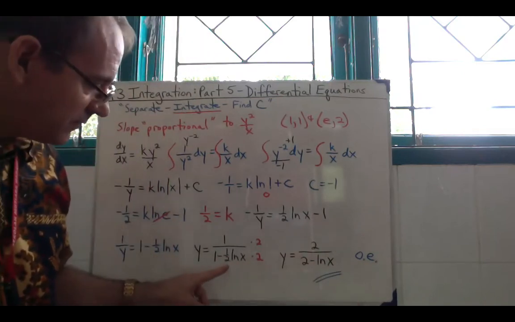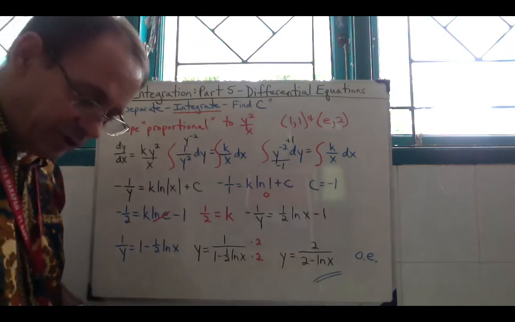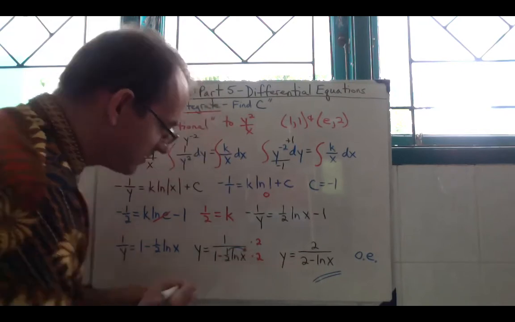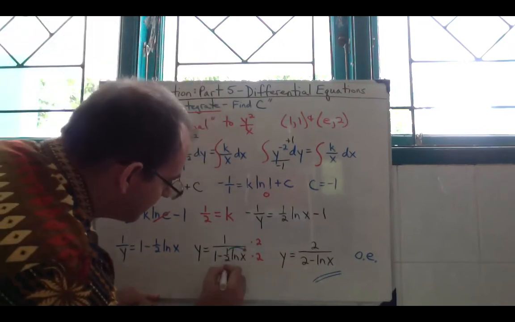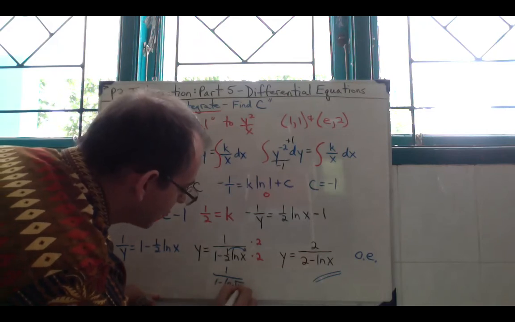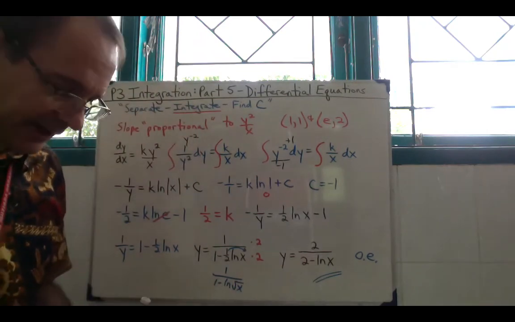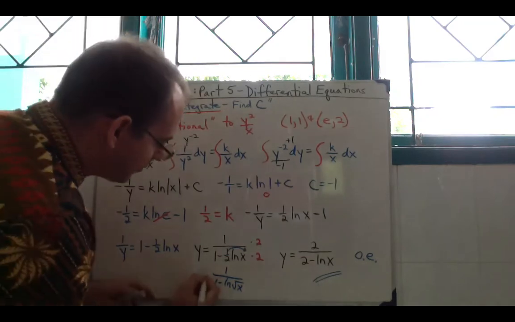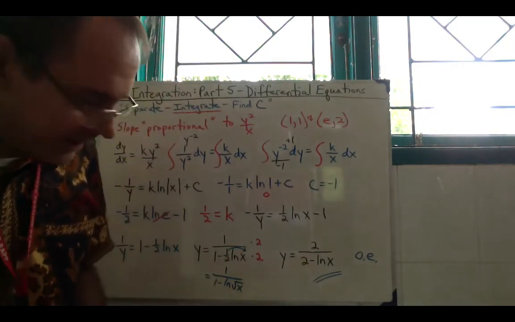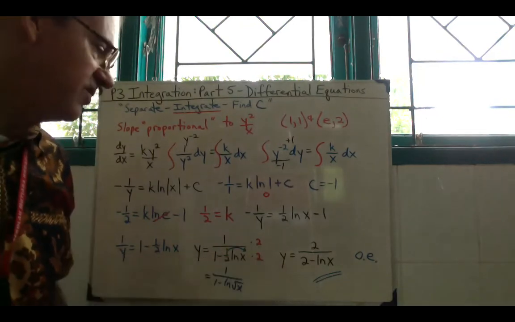So in other words, you could have taken that 1/2 and moved it up as the exponent, and you could have ended up with 1 over 1 minus ln root x if you wanted something like that. So there's several different ways that the form could be in, as long as y is your subject.